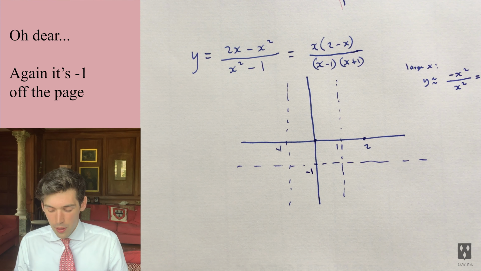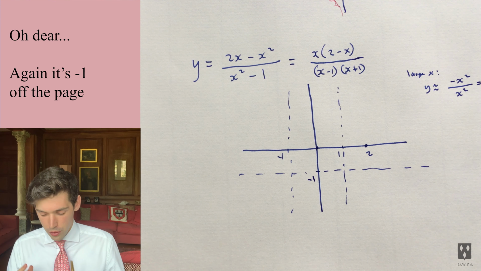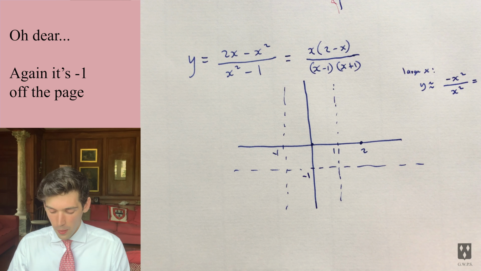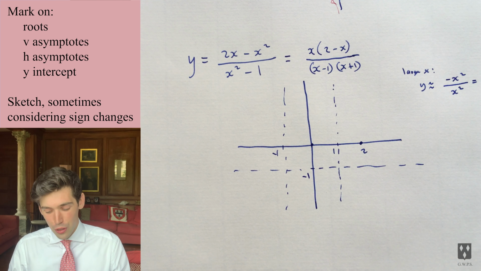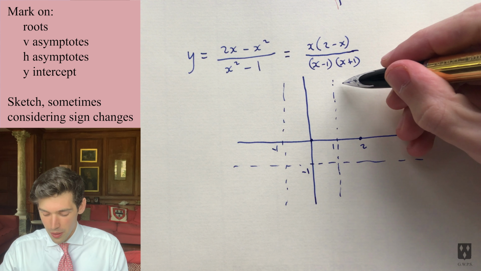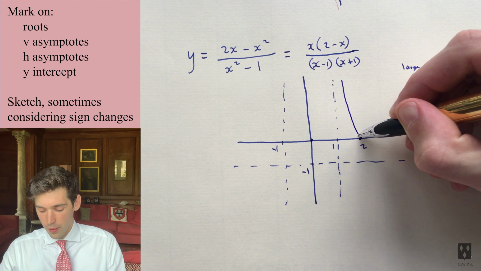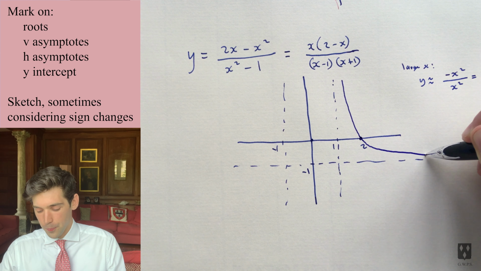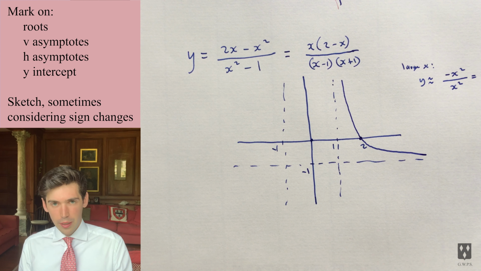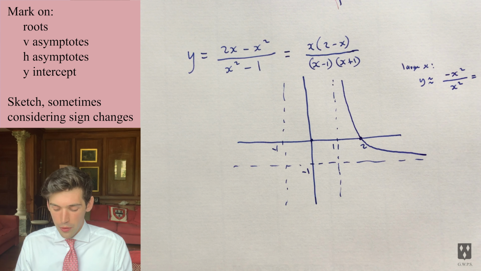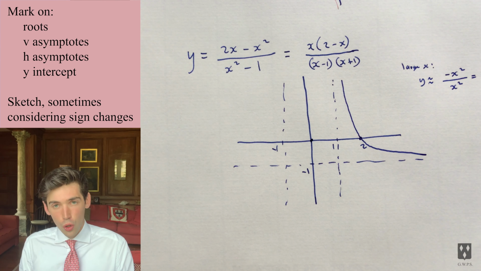Minus 1. Now we can think about what this looks like. You might think, is it going to be here or here? Well, it's got that 2, so that's good. We know it's going to be this one. And then we have this region here. And we know it's got to go through the origin.